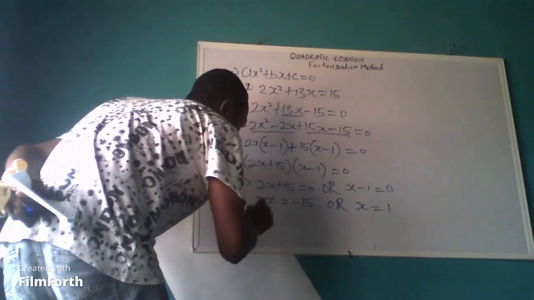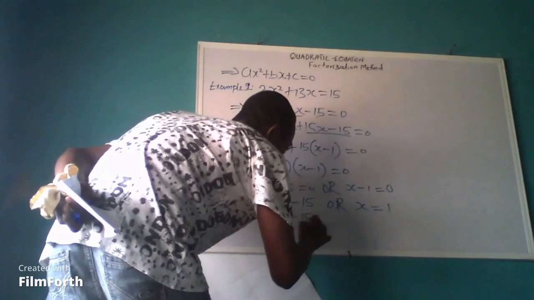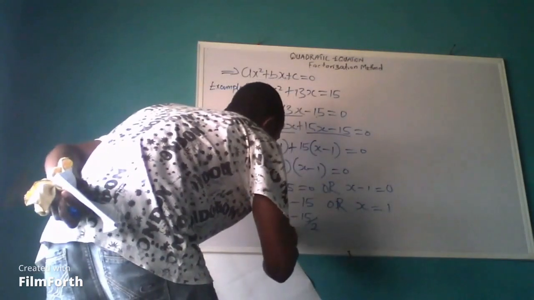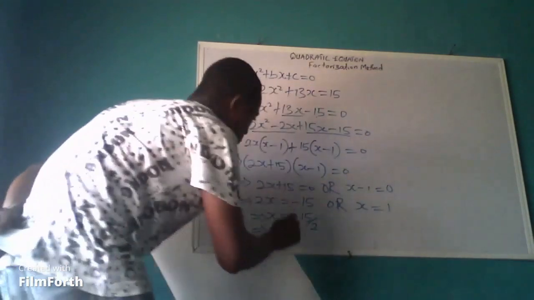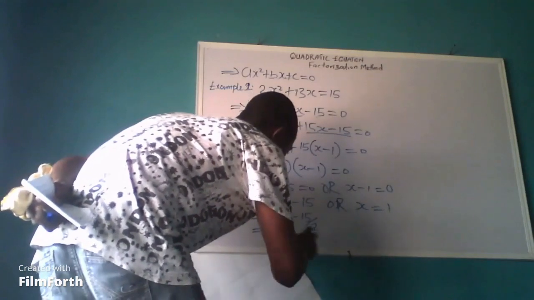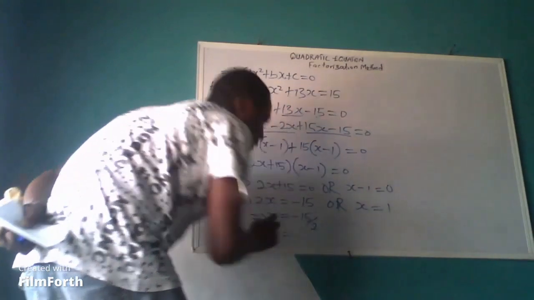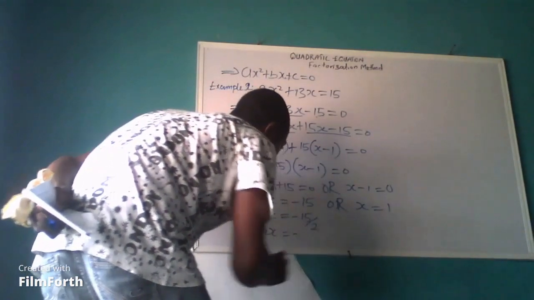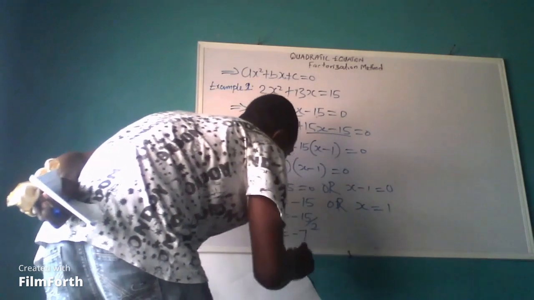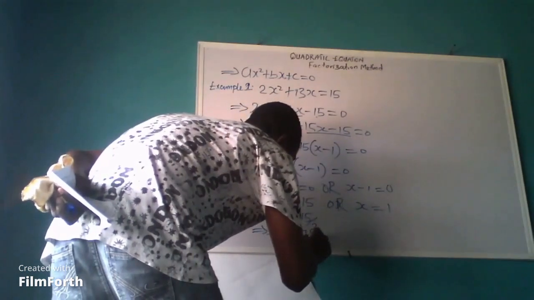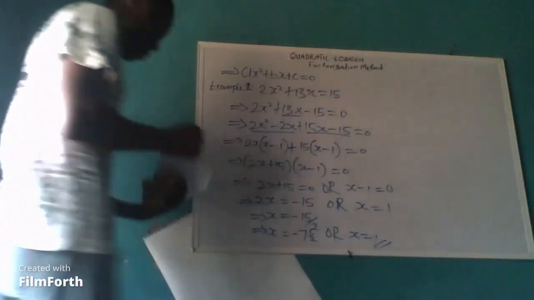Now you divide both sides by 2 here so that you have x equals minus 15 over 2, which also implies that x is equal to, because we want to change this to a mixed number, instead of leaving it as an improper fraction, x is equal to minus 7, remainder 1, all over 2, that is minus 7 and a half. That's the final answer.